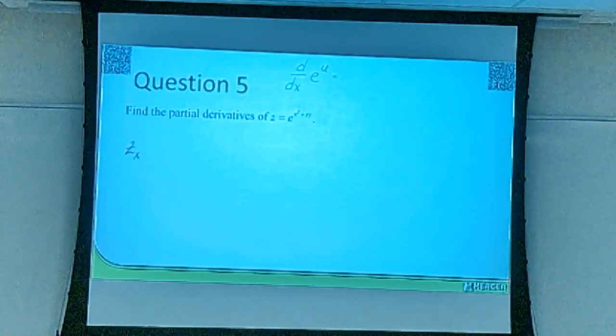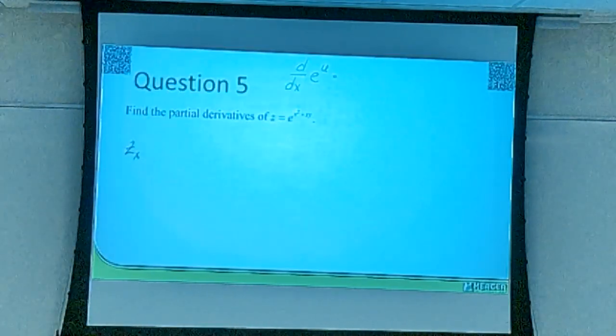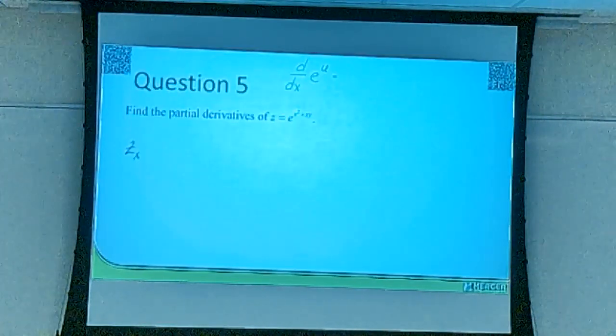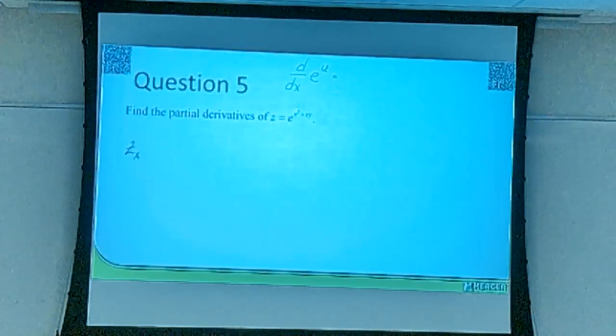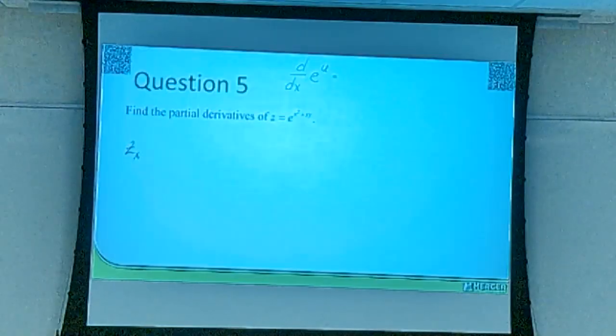So again, general exponential. What's d dx of e to the u? It's not just e to the u.